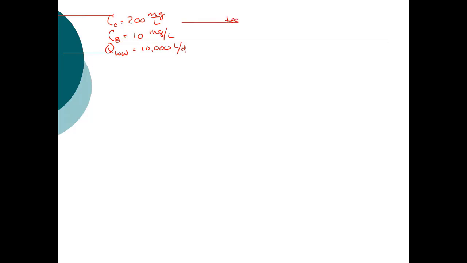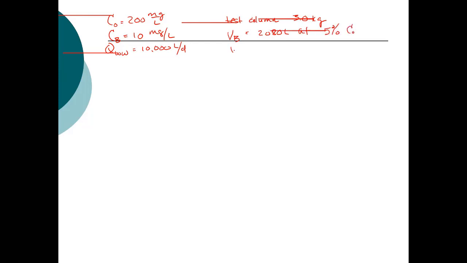We have a test column that contains 3 kilograms of carbon, and we've been told VB is equal to 2,080 liters. So this is just the information from the previous slide at 5% of C naught, and V sub T is equal to 2,930 liters at 95%. So we'll look first at the test column.